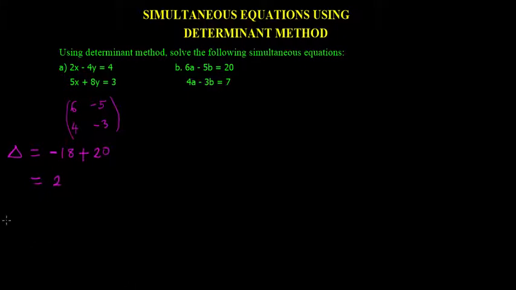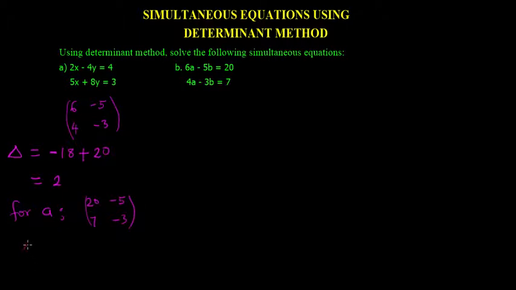Moving on to the part of a now. For a, we turn it to a matrix. We take the coefficients of a and replace them with what we have here, 20 and 7. That means we have 20, minus 5, 7, minus 3.